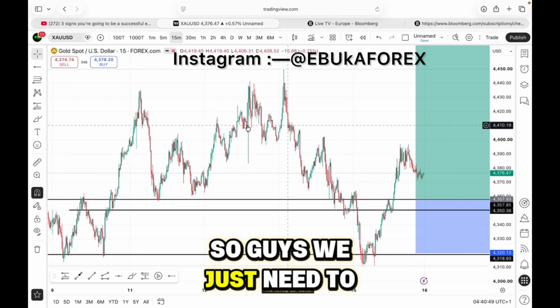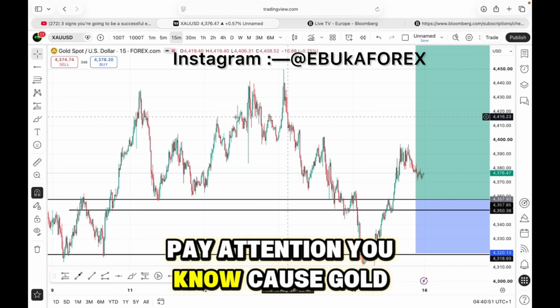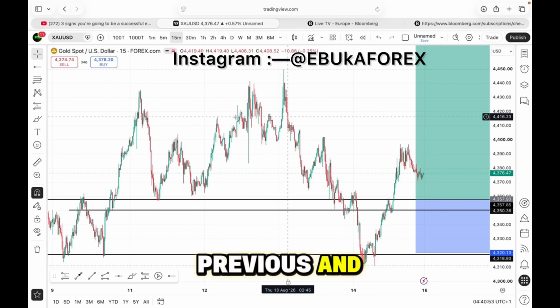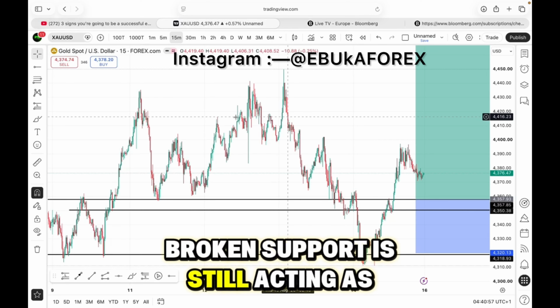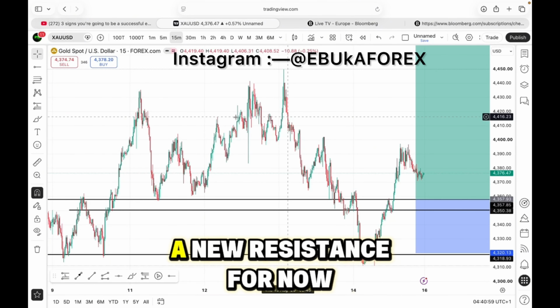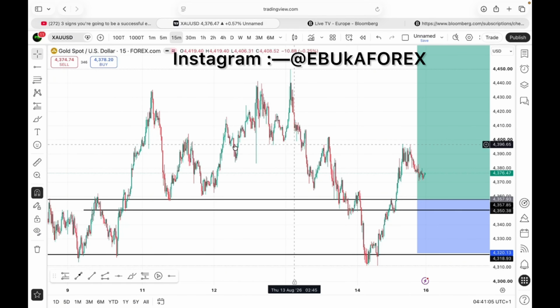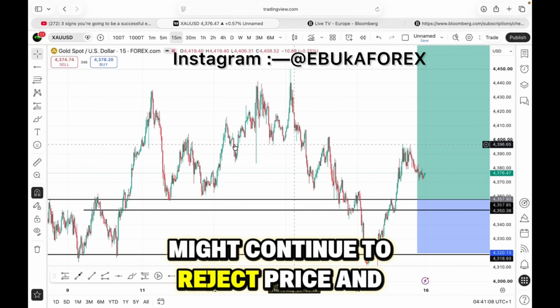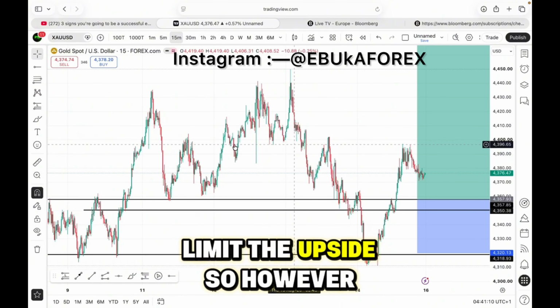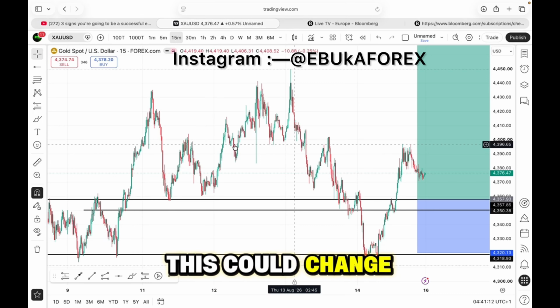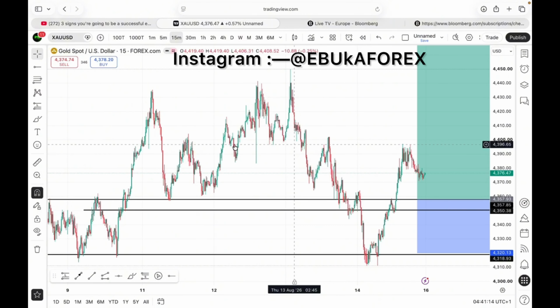So guys, we just need to pay attention, because gold previous broken support is still acting as a new resistance for now. So that zone might continue to reject price and limit the upside. However, this could change the outlook of the market this week.